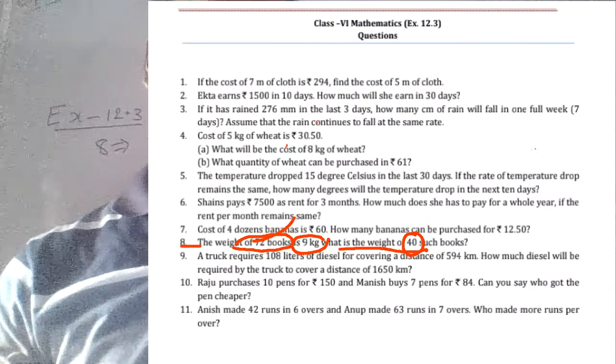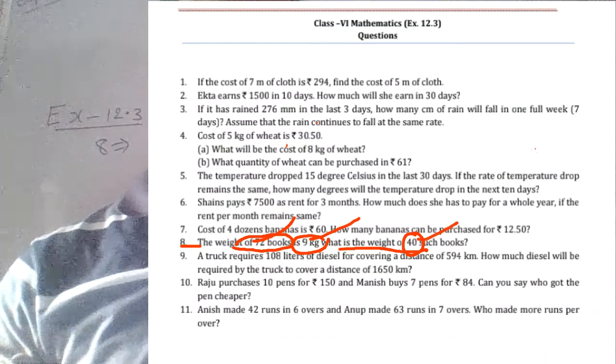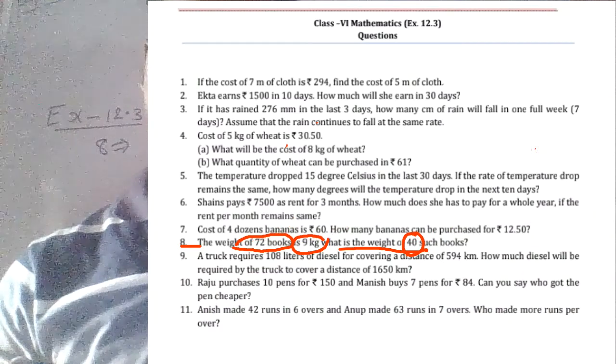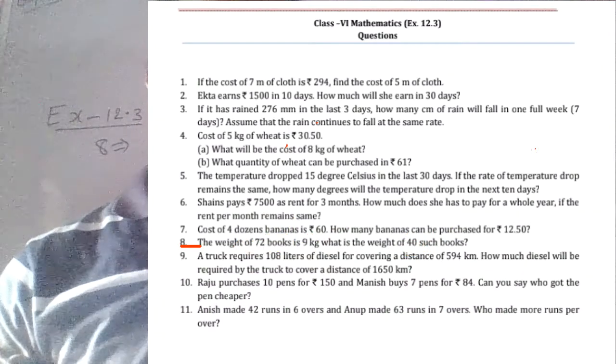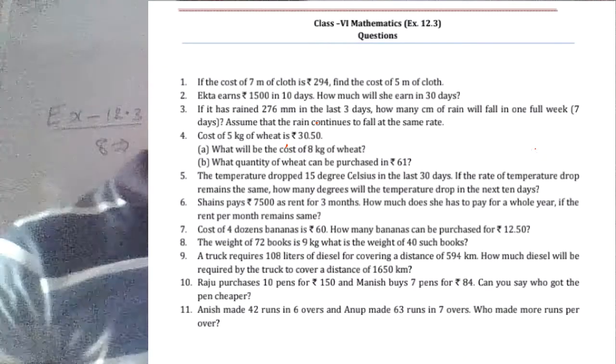Here, given the weight of 72 books is 9 kg, so we find the weight of 40 books. Okay, this is clear.